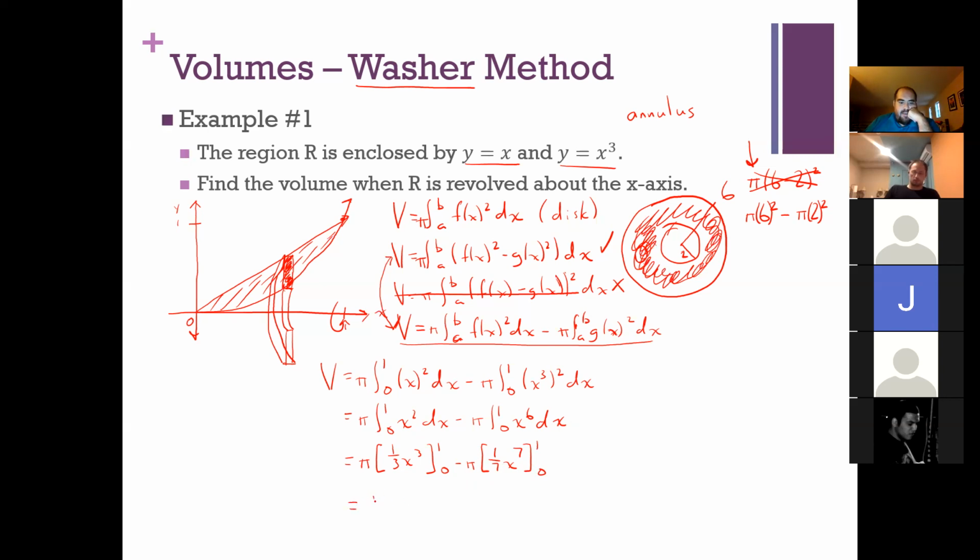And I believe that's going to come out to be pi over 3 minus pi over 7, which should be 4 pi over 21. Please check me. Any questions on the way we approached that or set that up or anything really?